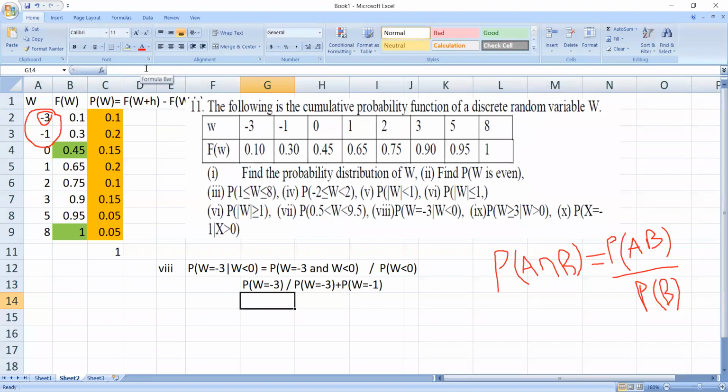So this will be equal to 0.1 divided by 0.2, which comes to 0.5. So there's 50% chance that if the W goes negative, it will be equal to -3.